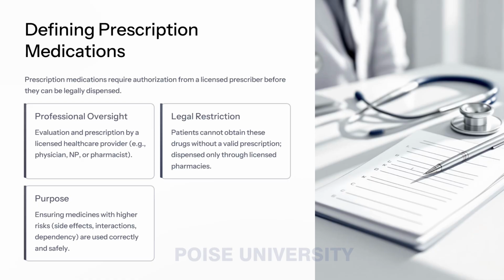Then the second thing is that there has to be purpose. Why are we prescribing those medicines? Because we want to ensure that medicines with higher risk, by risk we mean they have side effects, they could have adverse reactions, interactions either with food or drug to drug interactions, or even medicines that create dependencies, the codeines of this world, the morphines, even depressants, antidepressants, any drug that could create dependencies, is seen as a prescription drug and must be used correctly and safely.